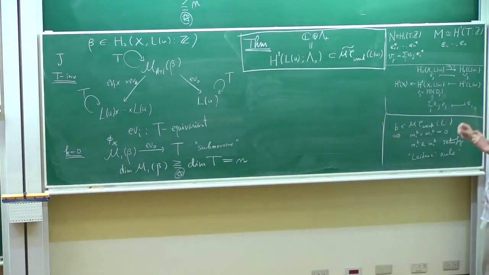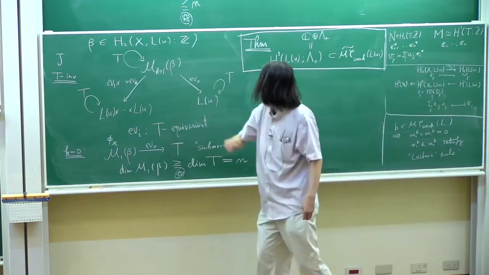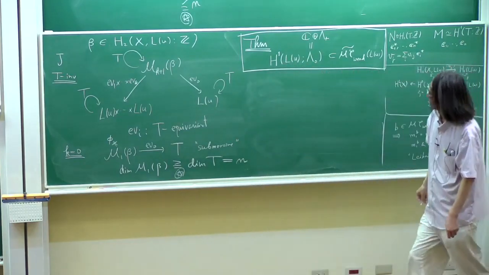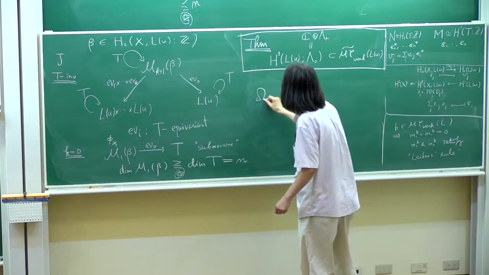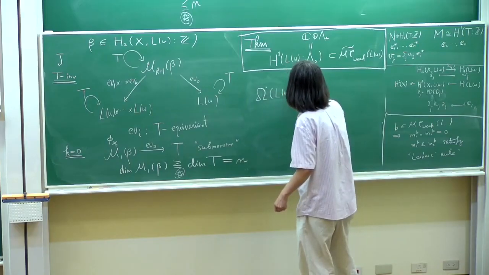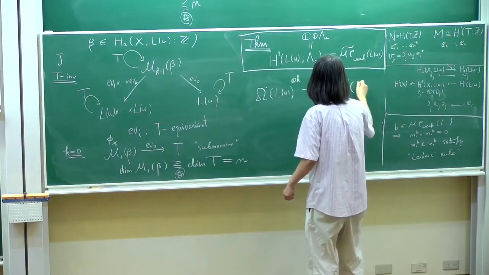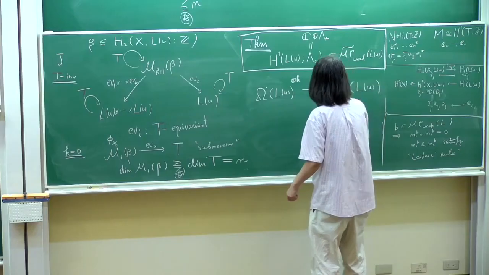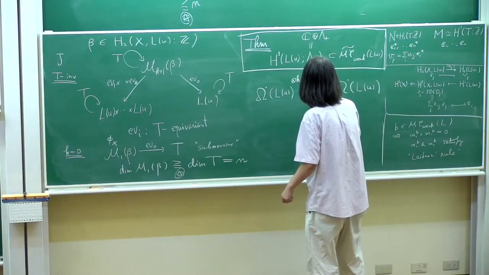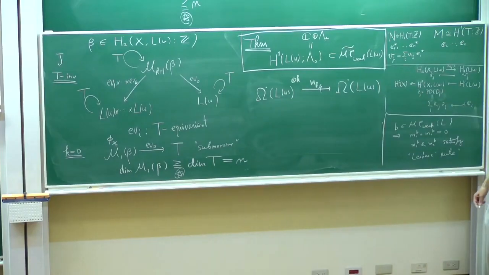But maybe before that I have to say one more thing. So everything is T equivariant. So actually what I said is somehow, then we have this map mk beta, right?